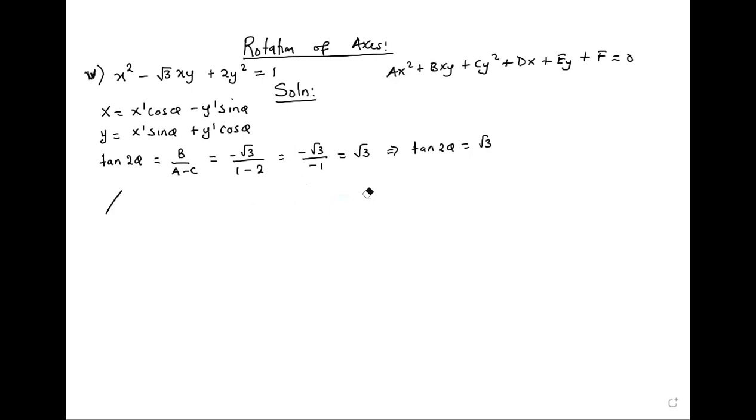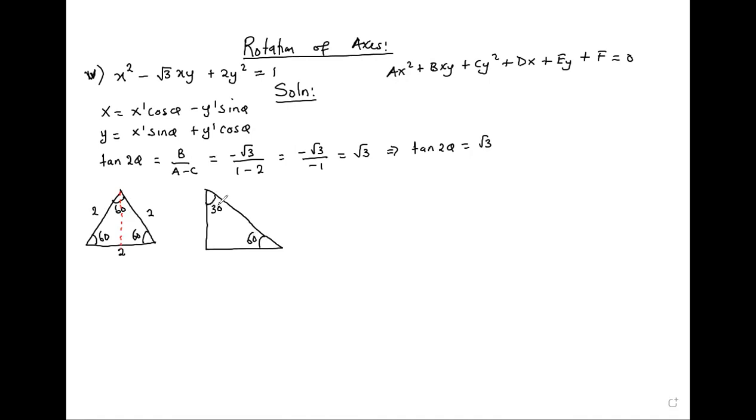Here we have 60, 60, 60, then sides 2, 2, 2. When we cut it in between, we have a right angle triangle with 60 here and 30 here.